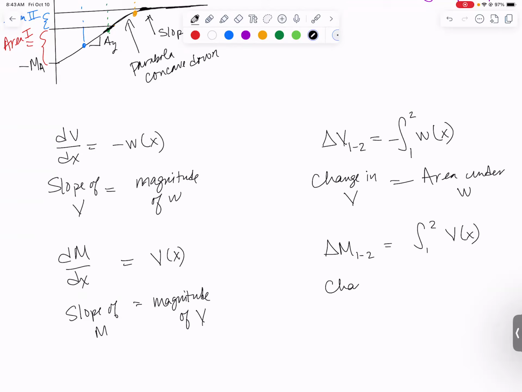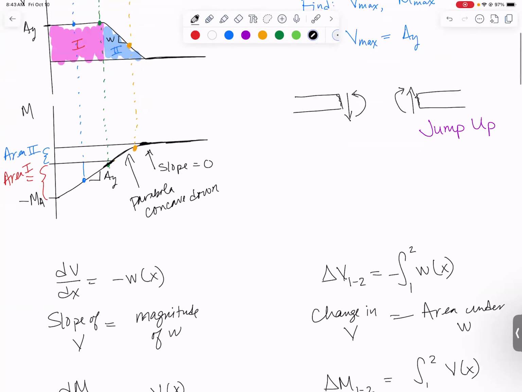So the change in M is equal to the area under the V curve. And that's what I just showed you. If we find that pink area, that tells us how much M changes going from point 1 to point 2. If I find that blue area, that tells you how much M changes going from point 2 to point 3.